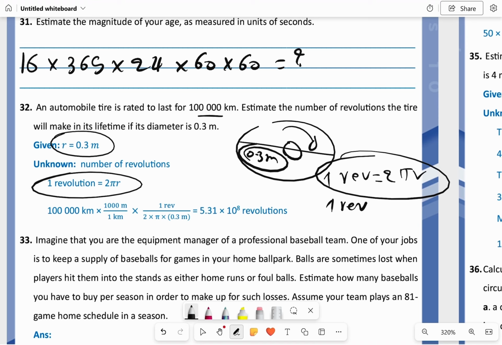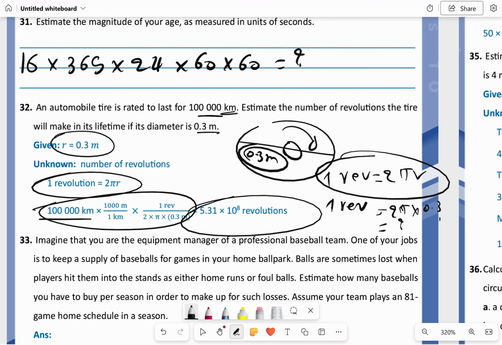Then directly add this here, 2 pi multiplied by 0.3, and you will get the result divided by 100,000 kilometers. So you have 100,000 kilometers multiplied by 1,000 meters. Why do we change this to meters? Because you have the diameter in meters. So you'll say multiply by 1 rev divided by 2 times pi times 0.3.